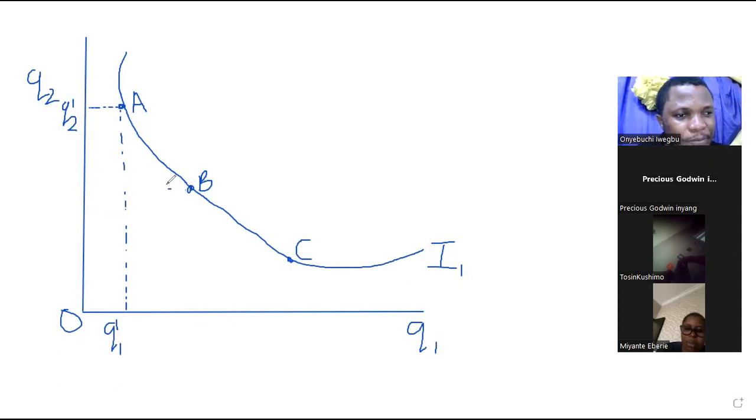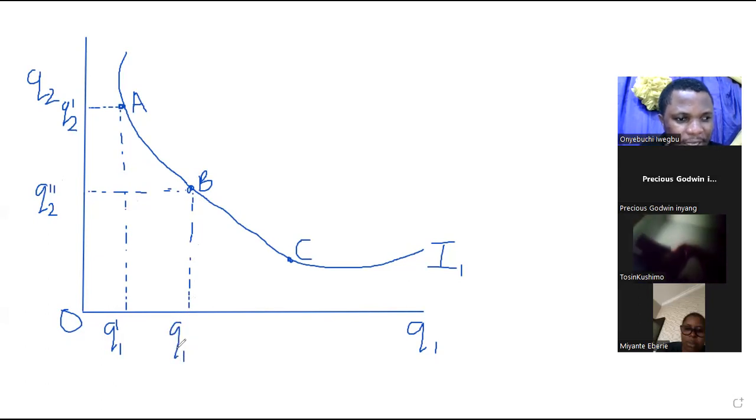At point B, look at what happened. I'm now consuming Q2 prime prime level of commodity, while I'm consuming Q1 prime prime level of commodity. I'm just using primes to differentiate one point from the other. At point C, I'm consuming Q2 prime prime prime level of commodity, while I'm consuming Q1 prime prime prime level of commodity.